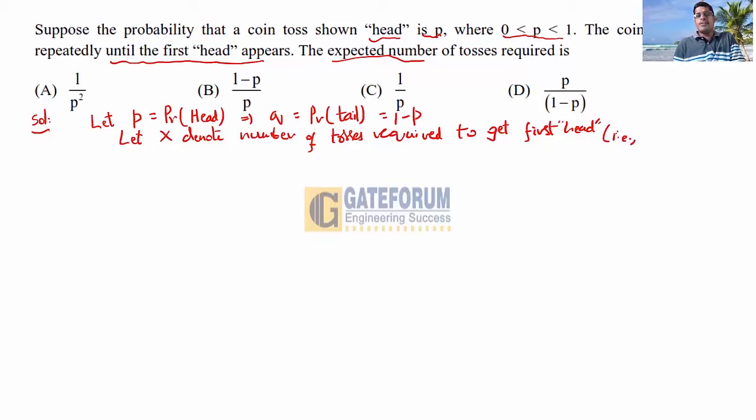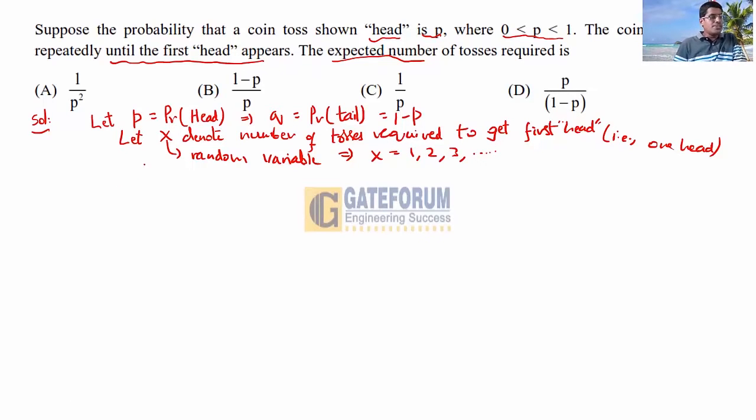That is one head. So this X is a random variable, which is a discrete random variable. That is X value taking one toss or two tosses or three tosses, endless. We don't know where it stops.